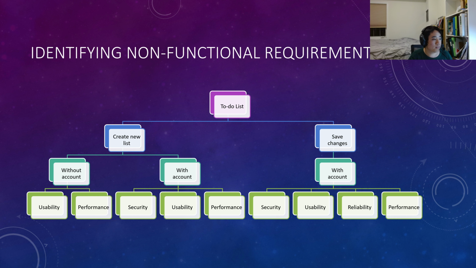And when you create a new list with or without an account, you may identify some aspects within it. For example, how easy is it to create this list, and how fast can it perform, how fast can it handle my request to create the list or modify it.